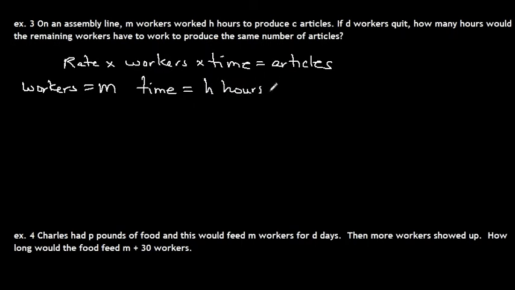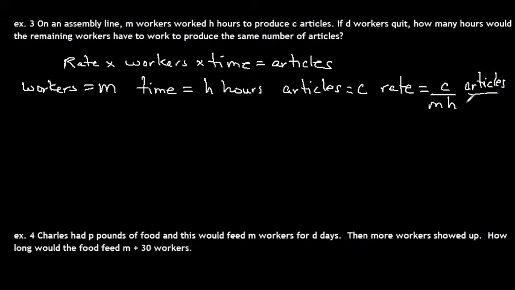The articles is C articles, and now we just need to figure out the rates. The rate for these are articles per worker hour, so it's going to be C articles per MH worker hours.